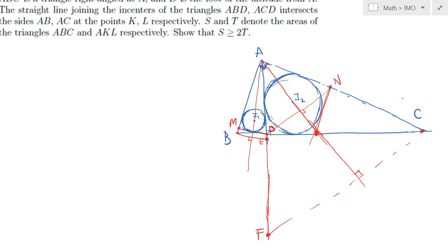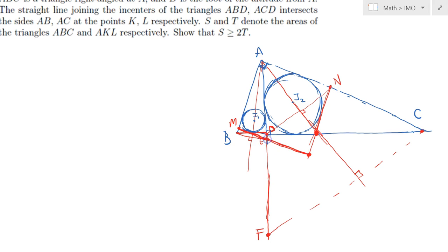Now I will go ahead and extend this line here, and I would let the line ME, something like this, intersect this side here. Now a couple of observations are in order. Because BD is tangent to the incircle here, it's not obvious from my drawing, but ME is also tangent to the incircle as well.